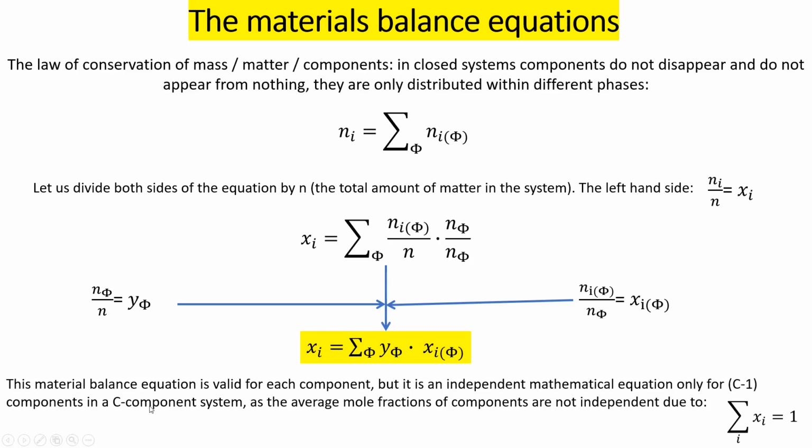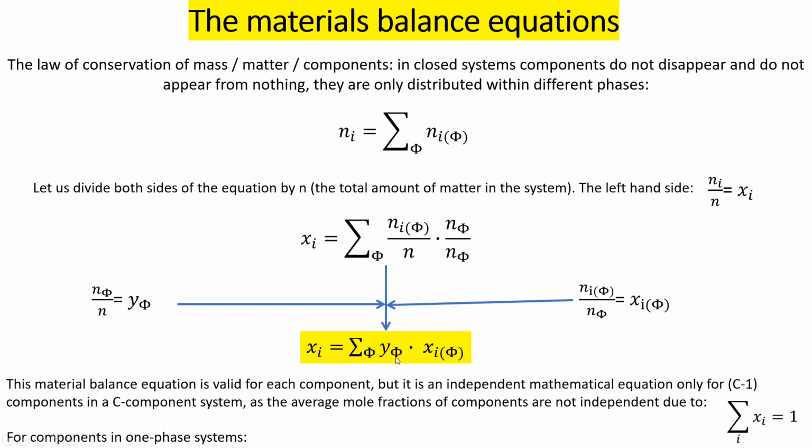It doesn't mean it is not true for the CF component. It is true for the CF component. It just doesn't provide you any new mathematical information. Now we have a boundary condition for one-phase systems. If we have a single phase, then summation is not needed.